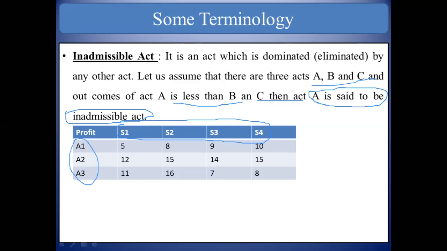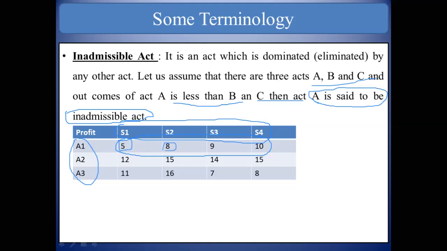Look at the payoff of Act 1. The payoff of A1 and S1 is 5 rupees, which is less than 12 and 11. The payoff of A1 and S2 is again less than A2 and A3.